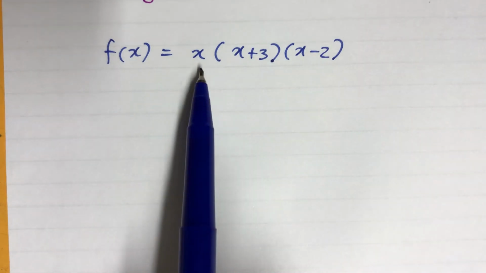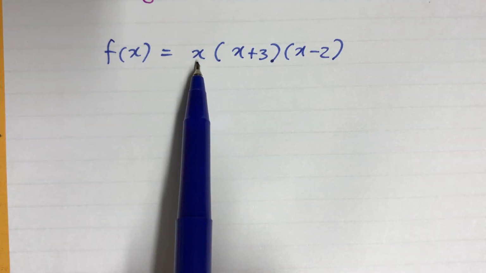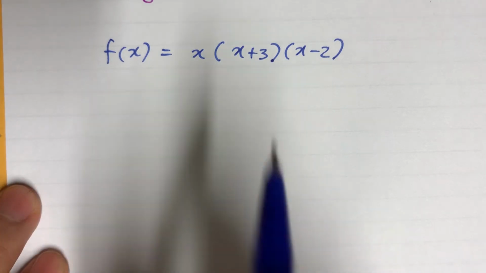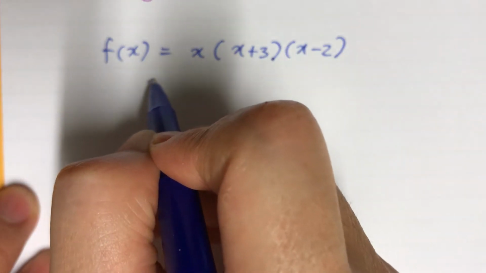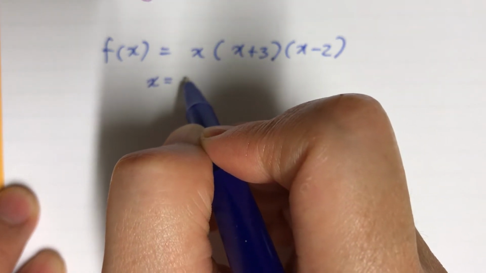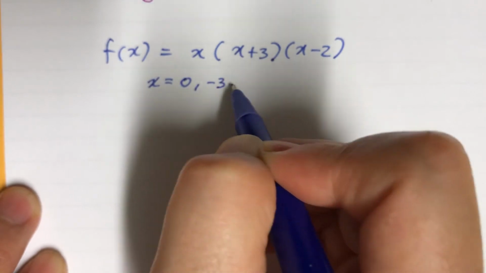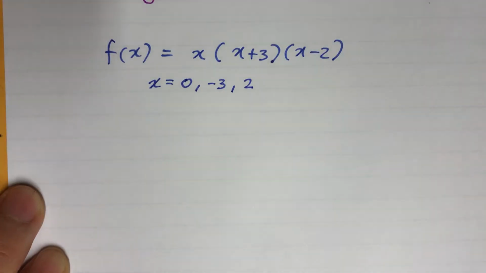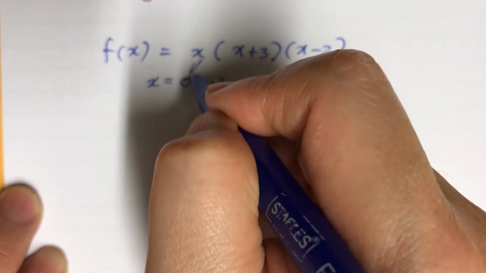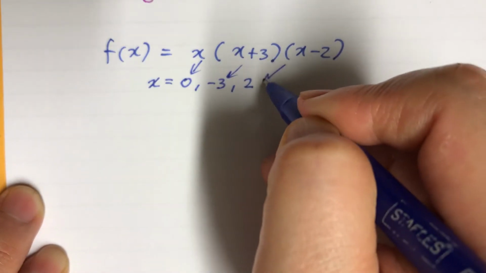Now what's the x-intercept when y equals 0? That will give us the x-intercept, the roots, isn't it? x equals 0, minus 3, 2. Yeah, so that's for this one and this one and this one.